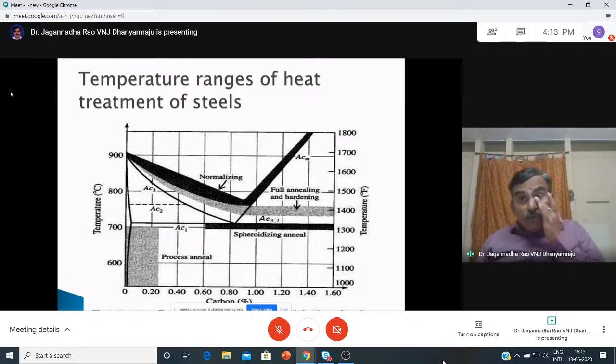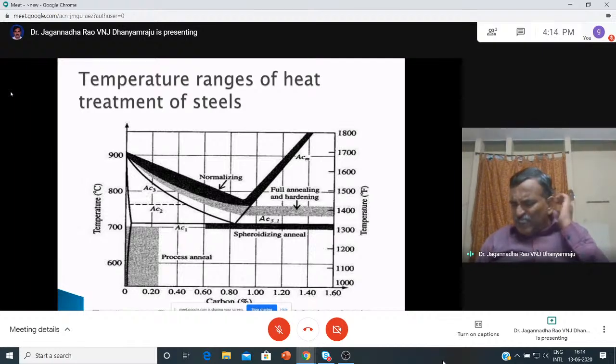That is what is meant by martensite. Okay, and this martensite is extremely hard, harder than the cementite. And this martensite is a white needle-like structure. That is what you can see under the microscope.